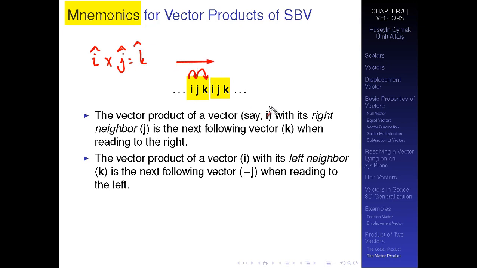The vector product of a vector, say i, with its left neighbor, which is k, is the next following vector minus j when reading to the left. Now, using these mnemonics, we will find the components of the vector A × B.